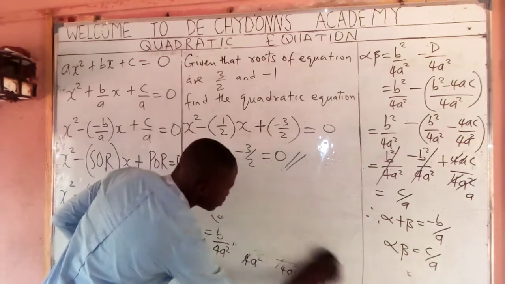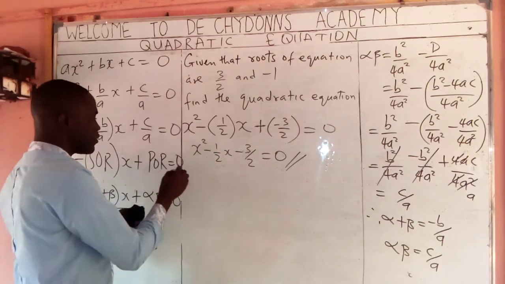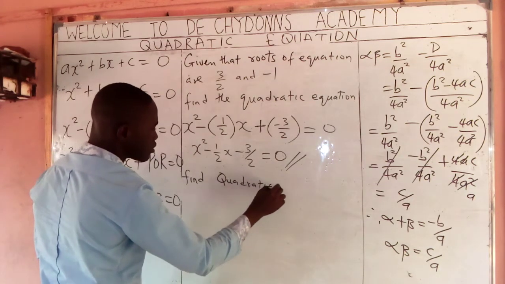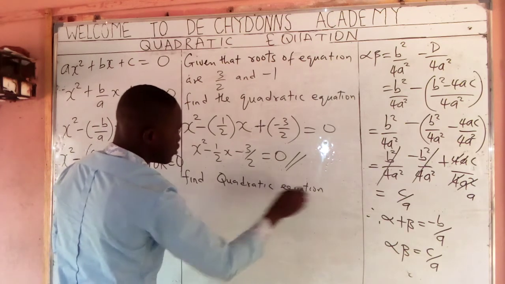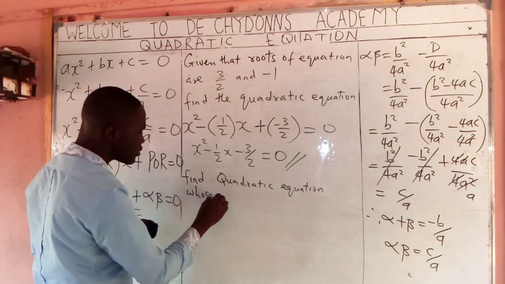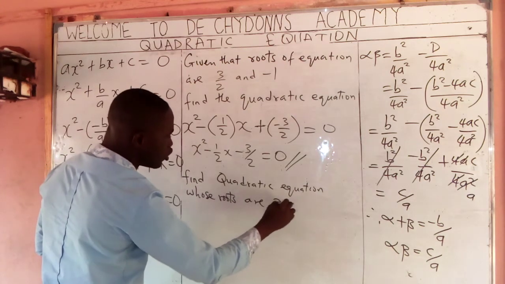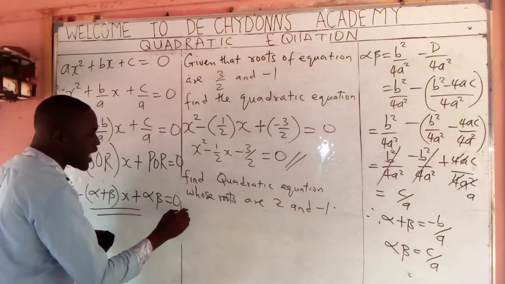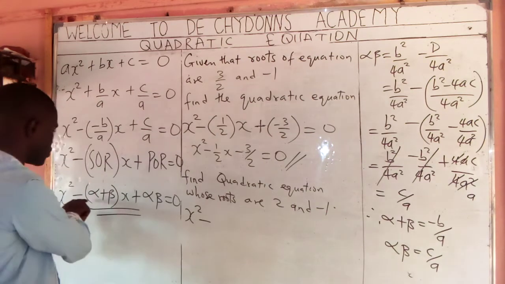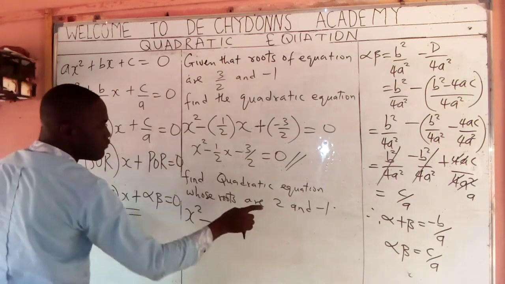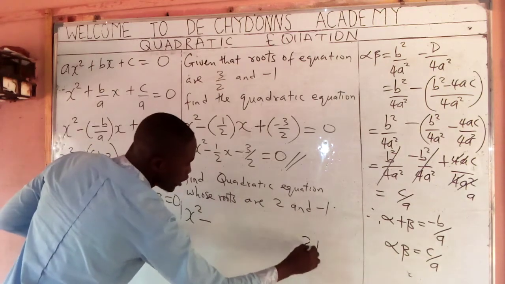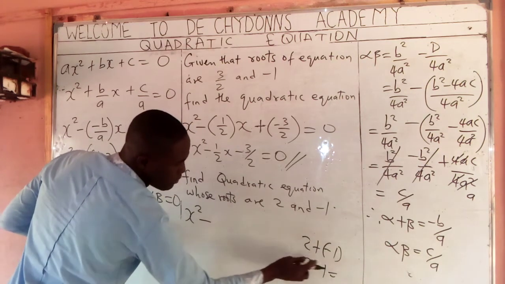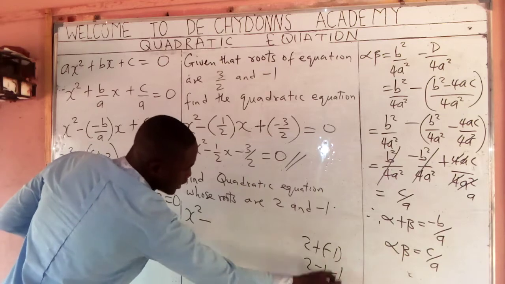So, what if they say, find the quadratic equation whose roots are 2 and minus 1? You just say the answer is x squared minus the sum of the roots, which means add it. 2 plus minus 1 means 2 minus 1, plus times minus is minus. 2 minus 1 is 1.